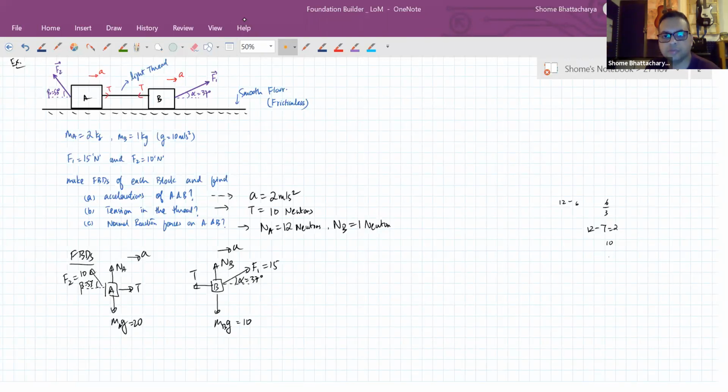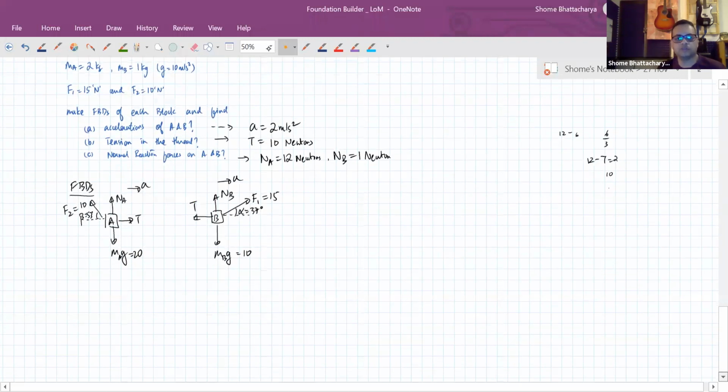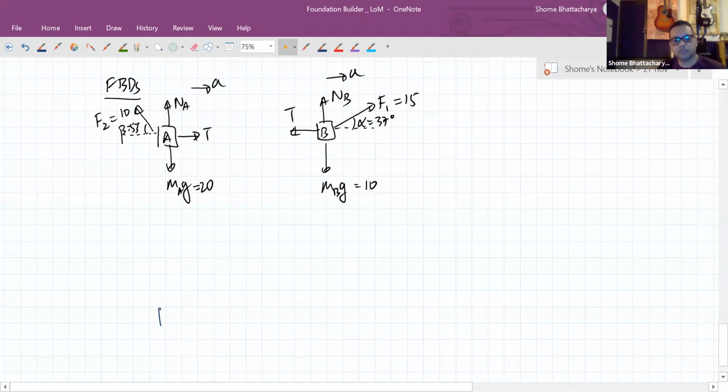Let me work out the equations and tell you how this is coming. Actually there's one more step in between: you have to resolve the forces. On resolving the forces, A का जो force diagram है, that will look like this. Tension acting like this.